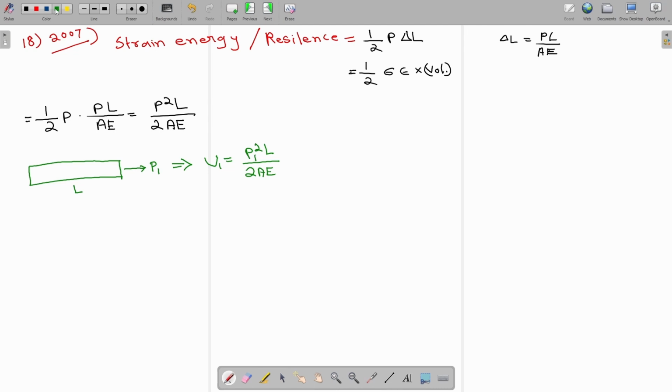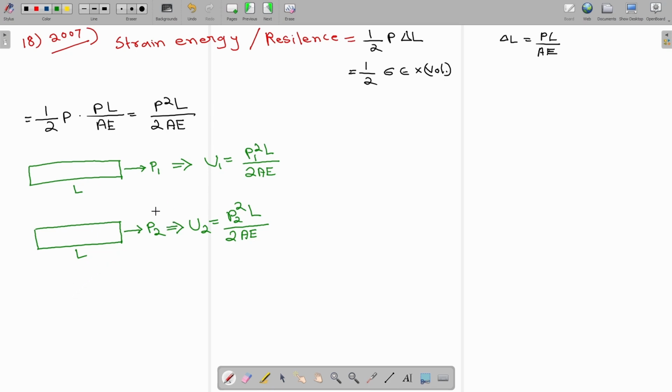Now we are going to draw the same bar of length L. Now we are going to apply P2 load, and the strain energy produced will be U2, P2 square L by 2AE.